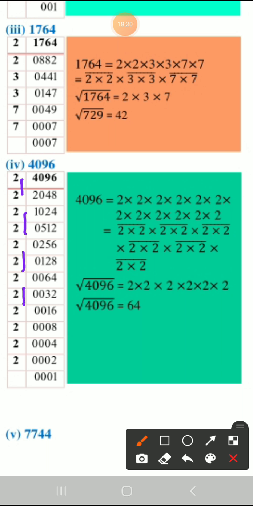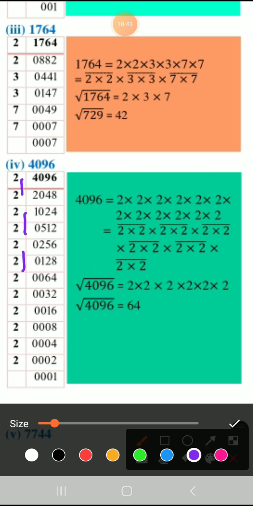1 2 3 4 5 6 pairs are there. Look here, 1 2 3 4 5 6 numbers. Okay, 6 pairs. So 6 pairs means we can extract with the 3. Got it?